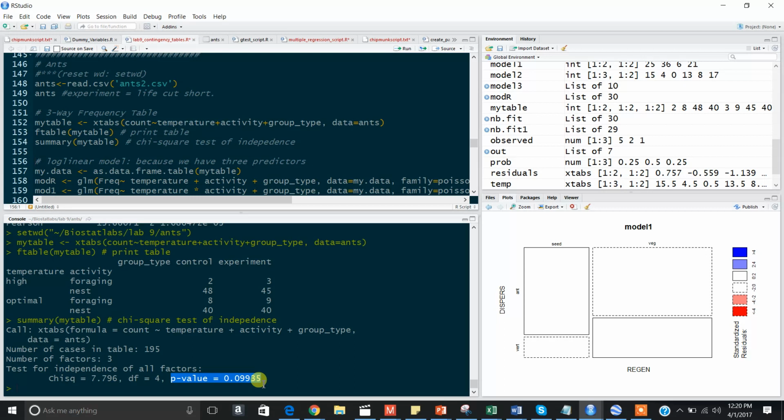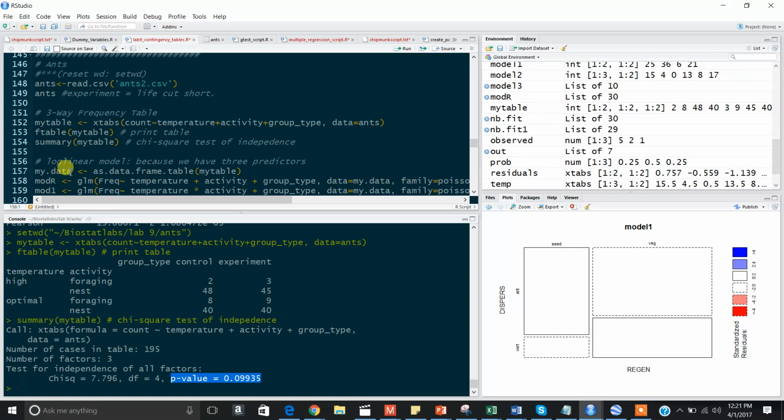The null at this point is that there is no significant difference between observed and expected values, whereas the alternative hypothesis is that there is a significant difference between observed and expected values. Because we have a p-value greater than 0.05, we fail to reject the null hypothesis, which is, in this case, good, because we don't want a significant difference between the observed and expected values.